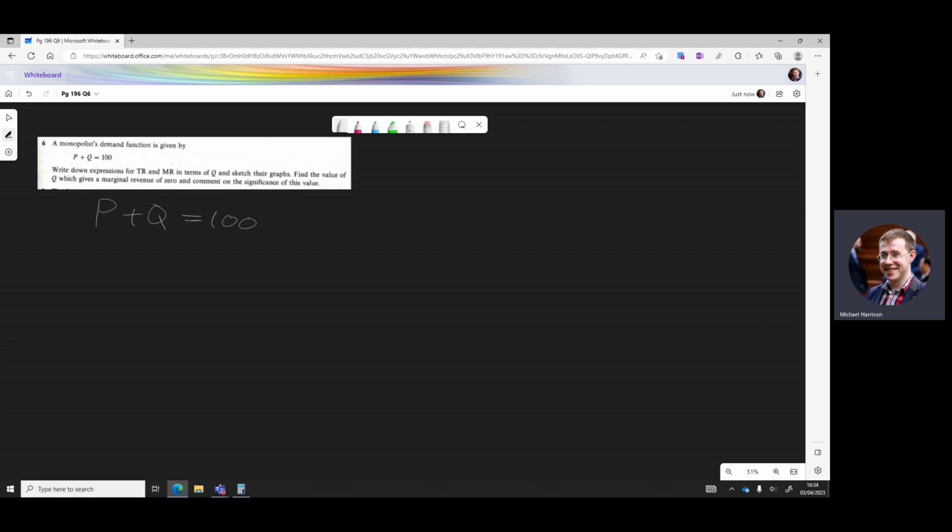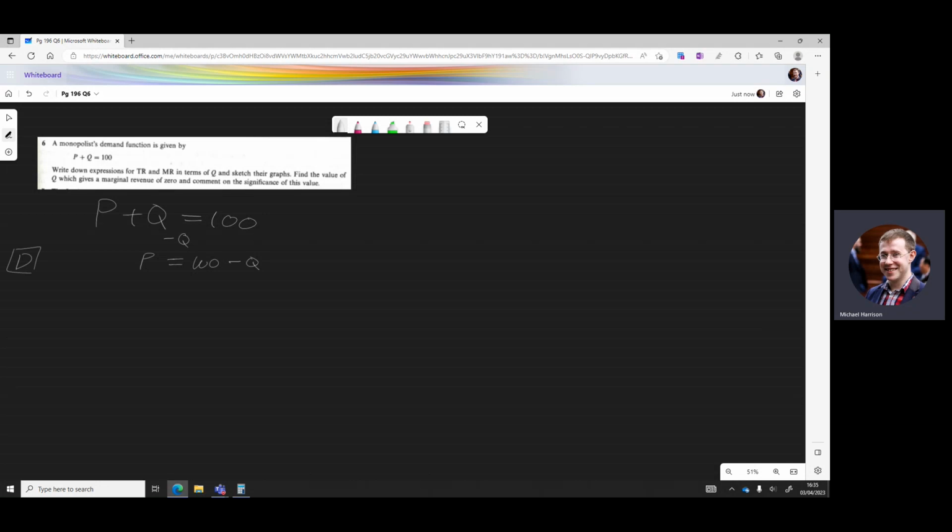So I need to rearrange that, and it would be normal and good practice to make P the subject so that I have an inverse demand curve. So let's subtract Q from both sides. That will give me P is equal to 100 take away Q. Now I have an efficient demand function.